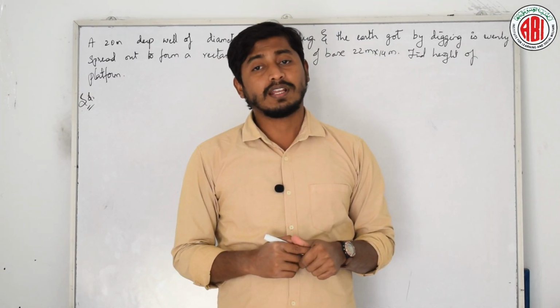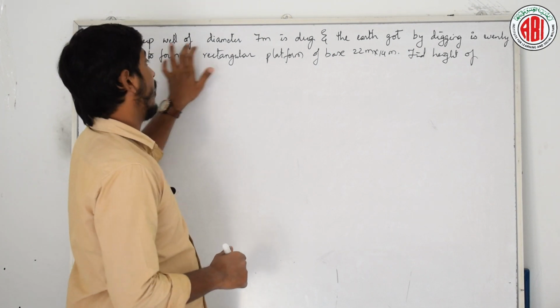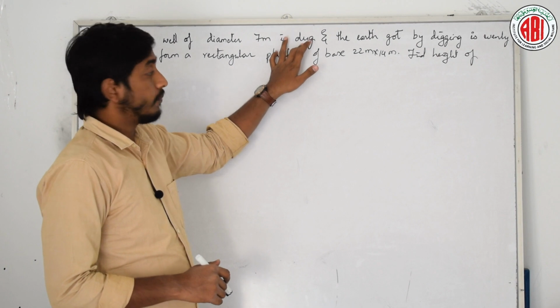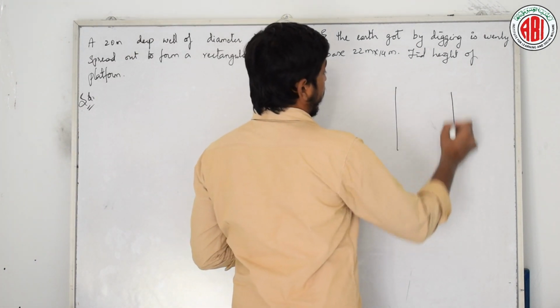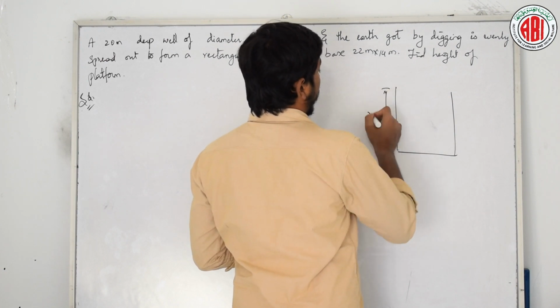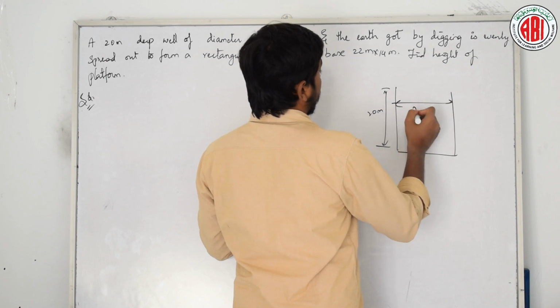Look at the next question here. He is telling that a 20-meter deep well of diameter 7 meter is dug. The well height is 20 meter, and the diameter is 7 meter.